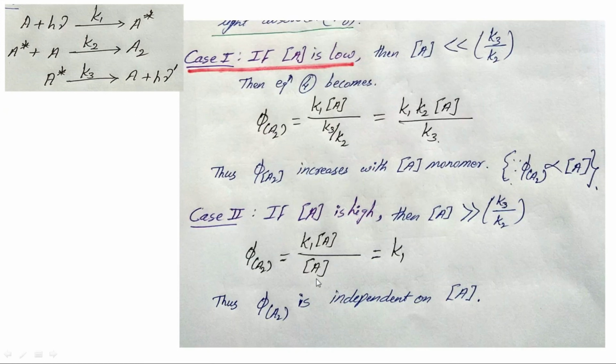We get this, cancel the molar concentration of A. So we get the equation that phi A2 equals K1. Here there is no molar concentration of A term. Thus, the quantum yield of formation of dimer is independent of the molar concentration of anthracene.